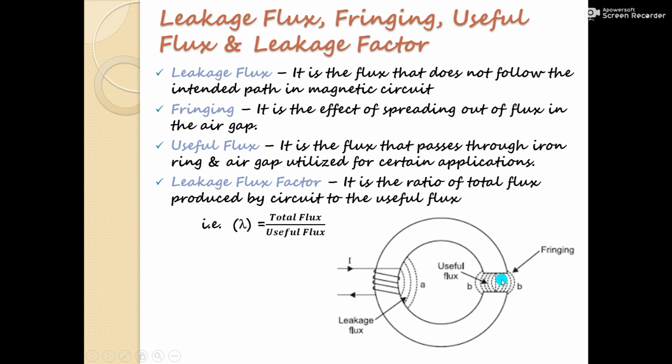So the fringing is there in the air gap shown in the figure. Next we have useful flux. It is the flux that passes through the iron ring and air gap utilized for certain applications. The leakage flux factor is the ratio of total flux produced by the circuit to the useful flux. That is, lambda is equal to total flux upon useful flux.